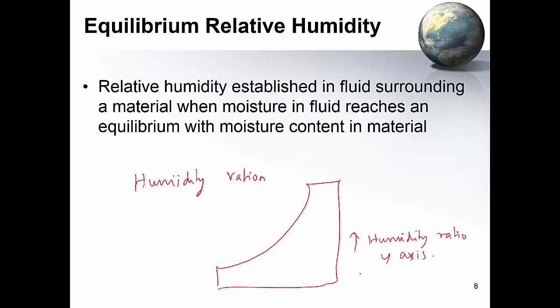The units are pounds of water per pound of dry air, right? That's nothing but the moisture content on a dry basis, right? Whereas the relative humidity are these curved lines, right?